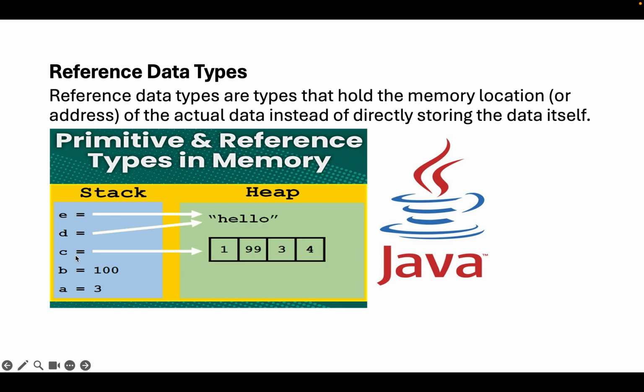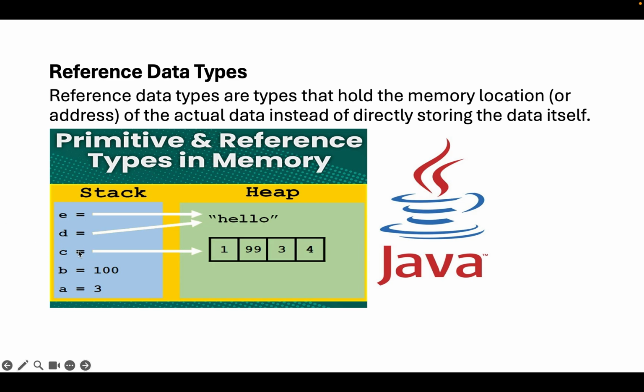I forgot to mention that primitive data types are also stored in a memory location known as the stack. So they use the stack, and the reference data types use what we call the heap. As I said, a reference data type only points to the memory location of the actual data instead of storing the data itself.